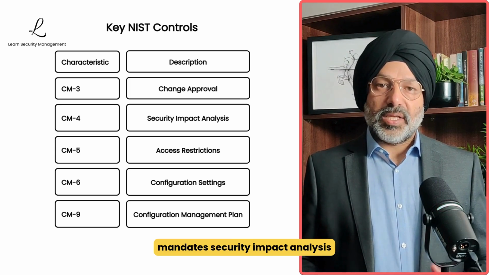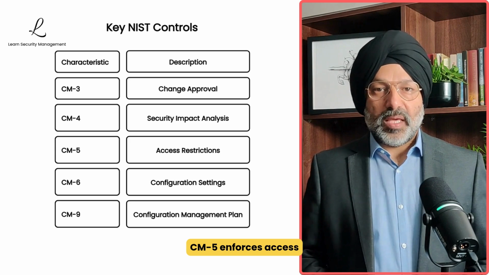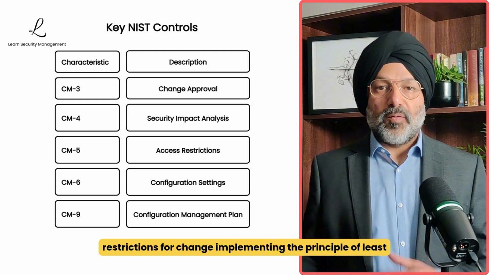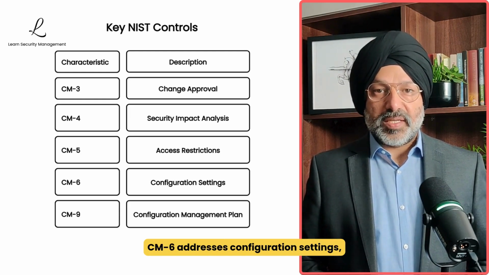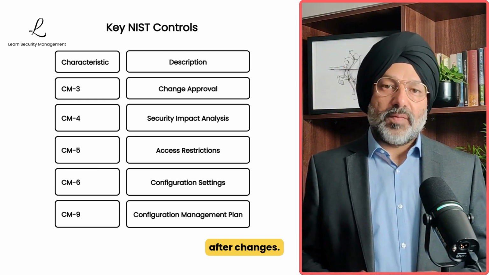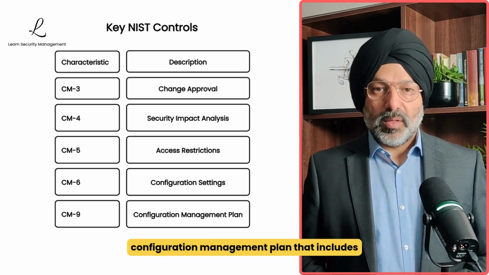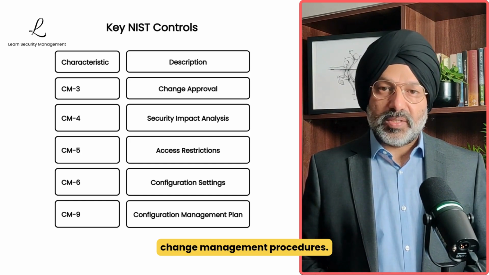CM-4 mandates security impact analysis prior to implementation. CM-5 enforces access restrictions for change, implementing the principle of least privilege. CM-6 addresses configuration settings, ensuring systems maintain secure configurations after changes. CM-9 requires development of a formal configuration management plan that includes change management procedures.